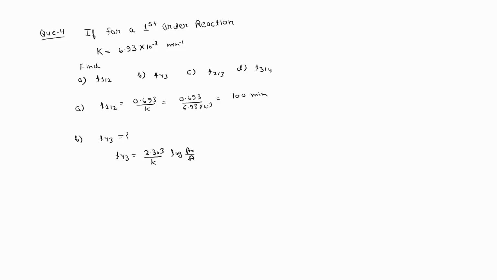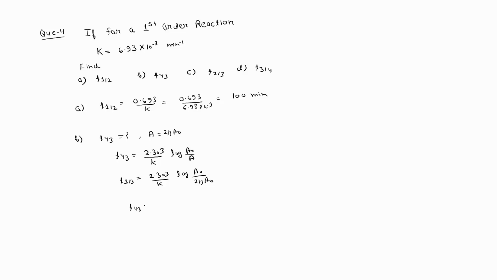So A should be 2 by 3 A naught, that is left. So T 1 by 3 is 2.303 by K log A naught divided by 2 by 3 A naught. So it's 3 by 2, log 3 minus log 2.